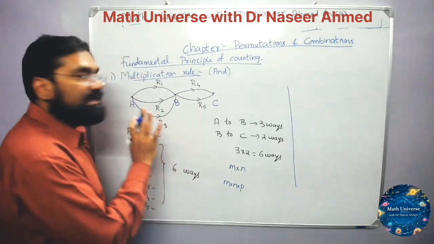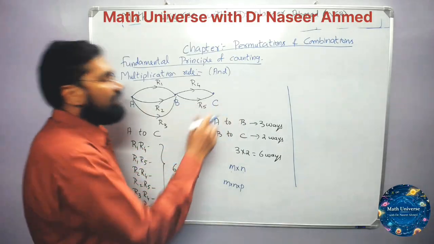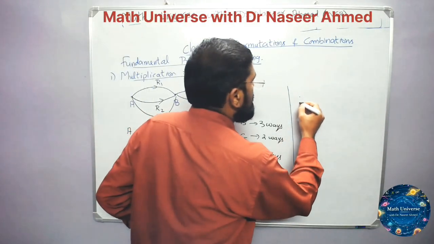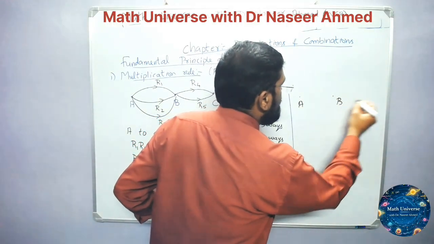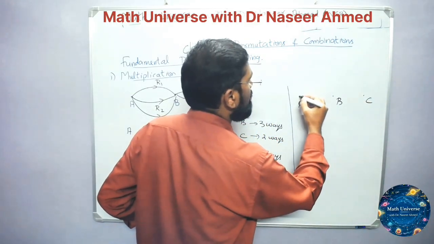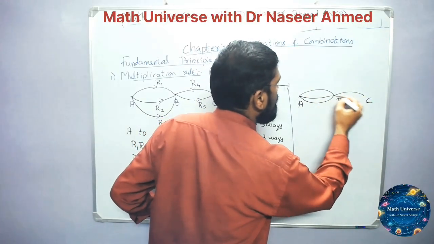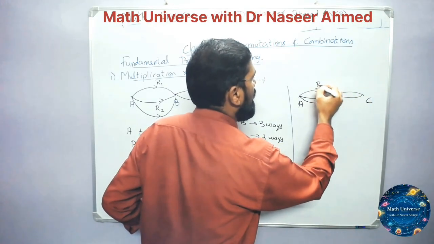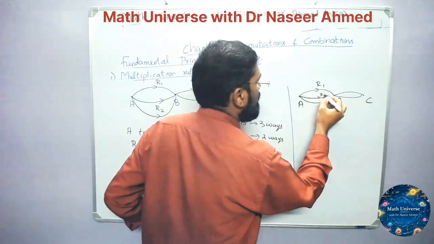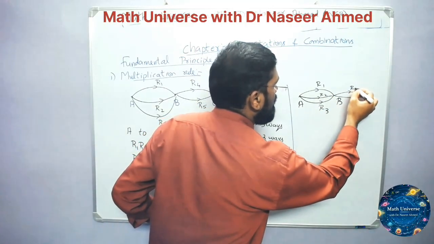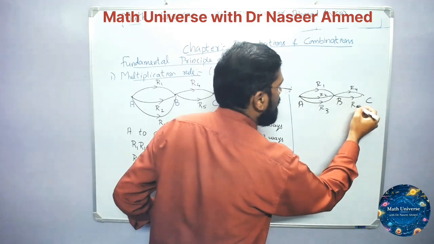Now, see carefully. Same thing, I will take it here to avoid confusion. A, B, C. Same, okay? R1, R2, R3, R4, R5.